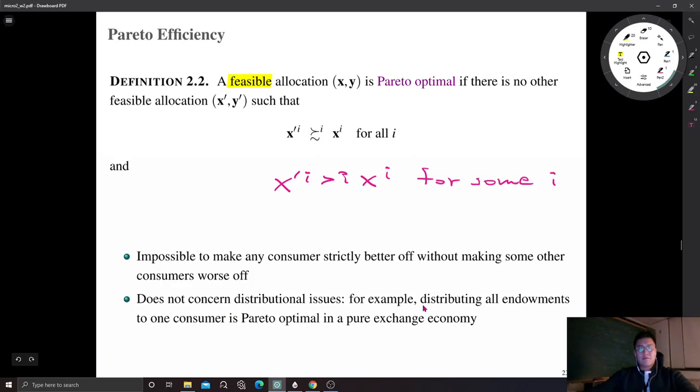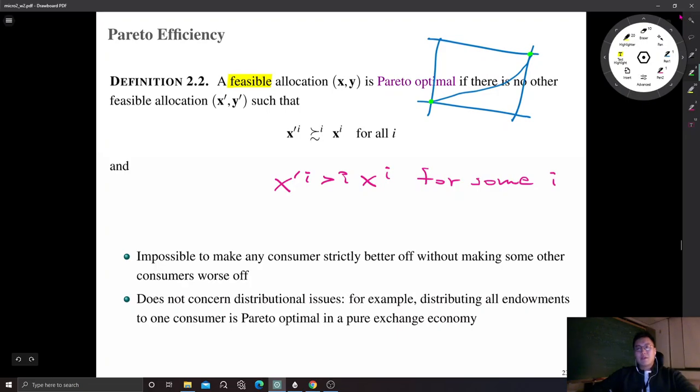For example, distributing all endowments to one consumer in a pure exchange economy, say in the edge of the box. The Pareto set, the set of all efficient allocations, is going to be one curve inside the edge of the box. So even these two extreme allocations are Pareto optimal.